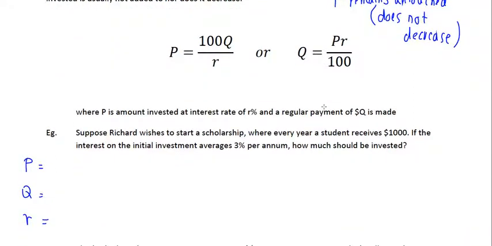So we've got a couple of really basic formulas for perpetuities, where P is the amount invested, R is our interest rate, and that'll be per annum generally, and Q is the regular repayment, that's an annual payment. So that's what you're gaining from the bank.